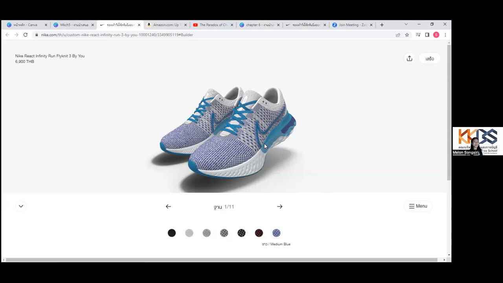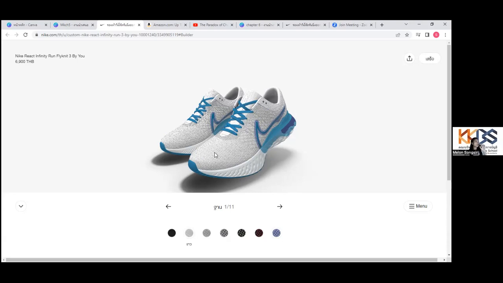So in this case, Nike can sell the product at a higher price. In this example, if I don't like the blue, I may like the white, so I can choose it, and the shape or the style of the shoes will change.